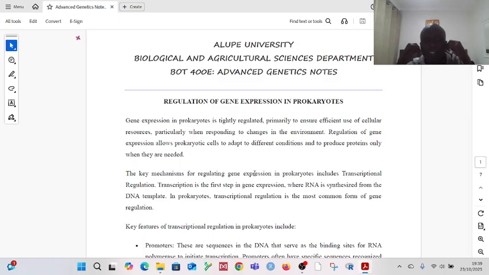But this process of gene expression within prokaryotes is regulated in a very tight way. And why that is important is the tight regulation helps to increase the efficiency with which the resources found within the cells of these particular prokaryotes are used.